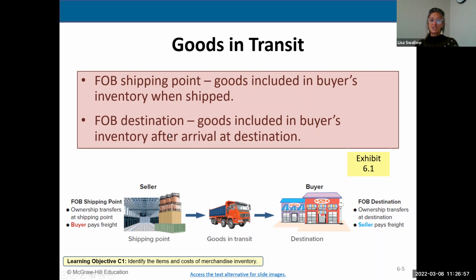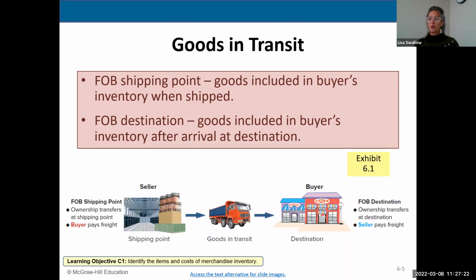FOB, destination, is exactly the opposite. Free on board destination means wherever it's going, the person is going to pick it up and not owe any money. Therefore, the shipper has paid it. So since the seller is paying the freight, the seller owns the textiles while it's in transit across the ocean.